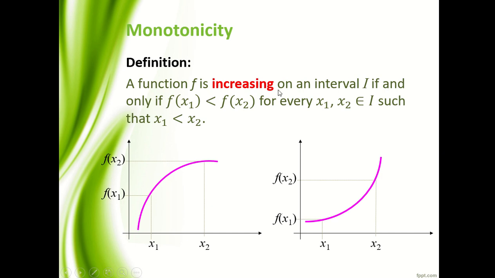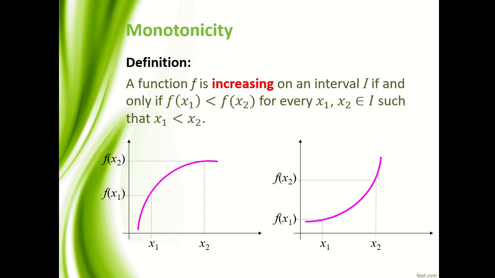The function is increasing if, when you substitute the values into the function, f of x sub 1 is less than f of x sub 2. If this condition is satisfied, then we can say that the function is increasing on the given interval I. So this is our interval from x1 to x2.